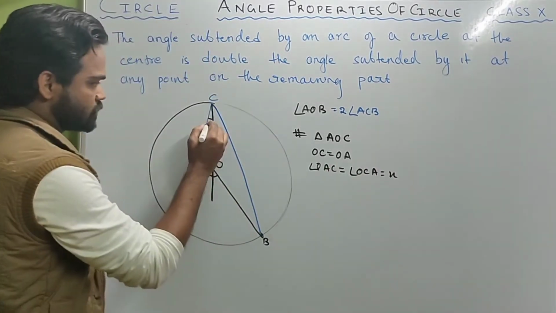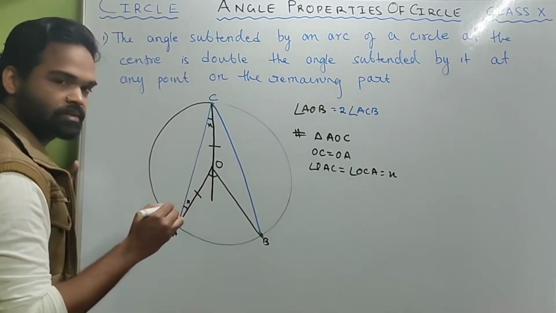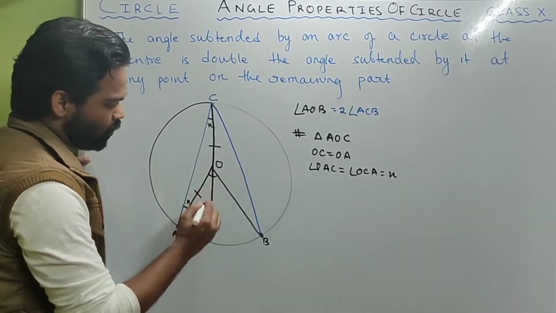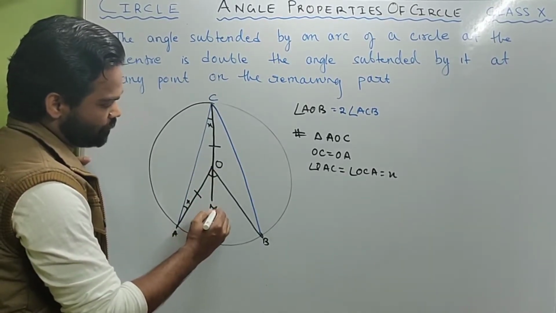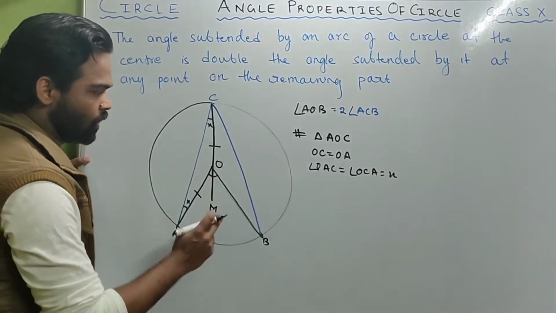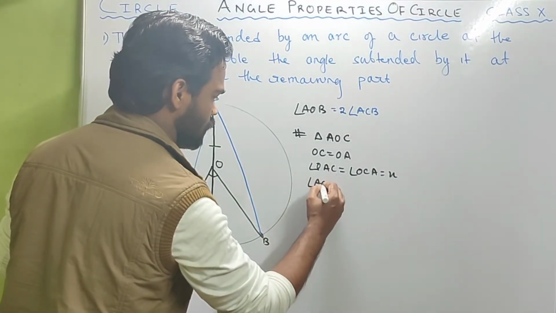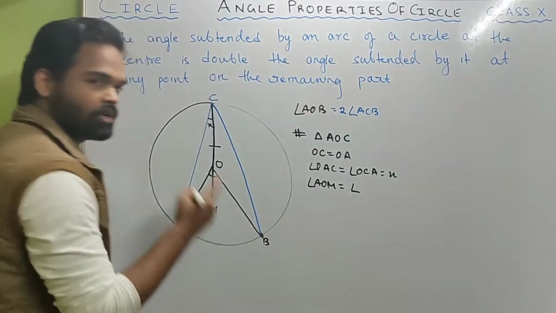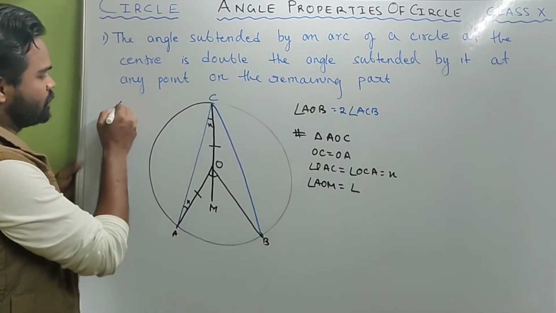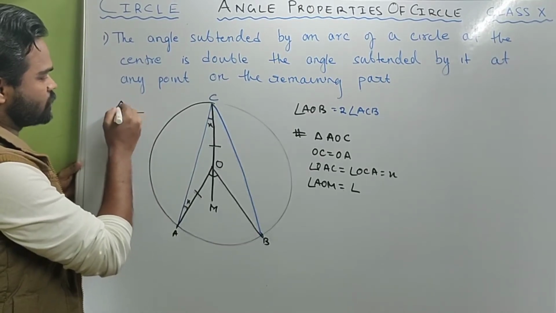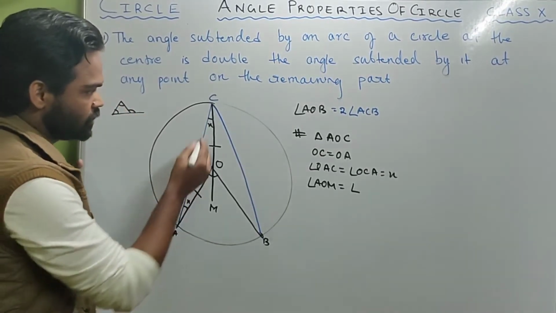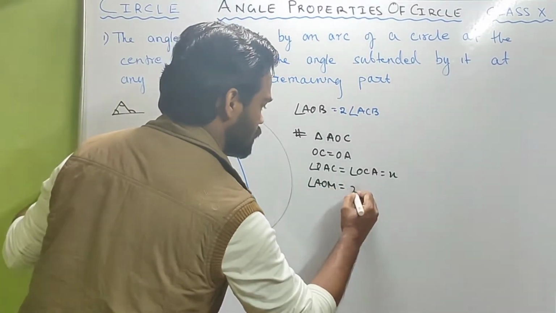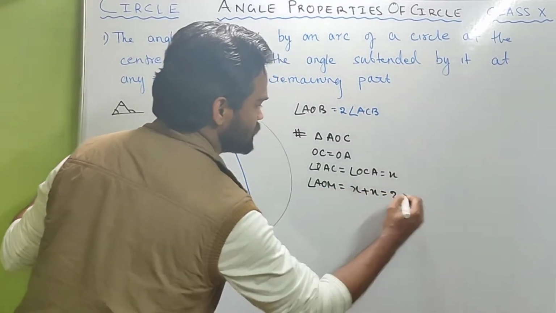Suppose x. So this is x and this is x. Now look carefully. Suppose this is M, then angle AOM will be the exterior angle. Remember, in a triangle, exterior angle equals the sum of the opposite interior angles, so it will be x plus x, which is twice x.